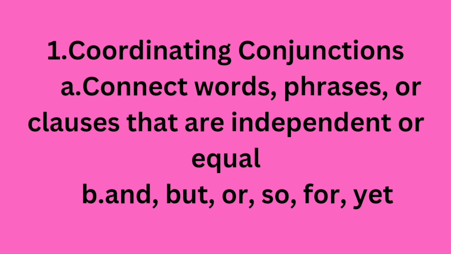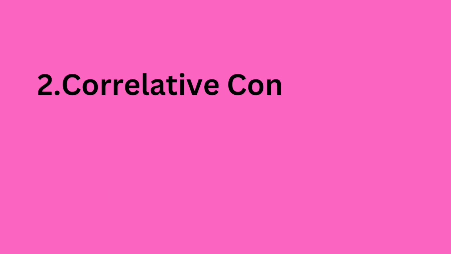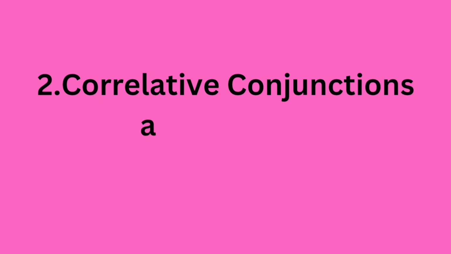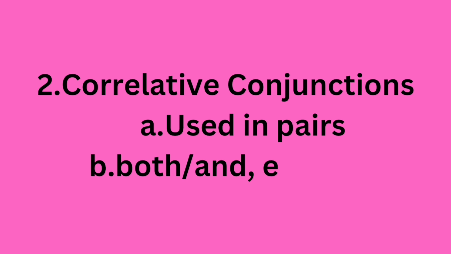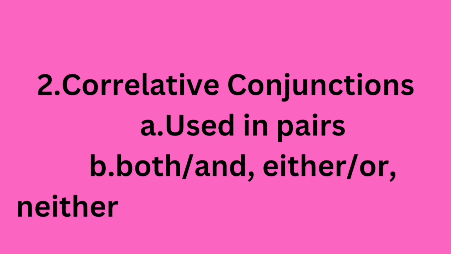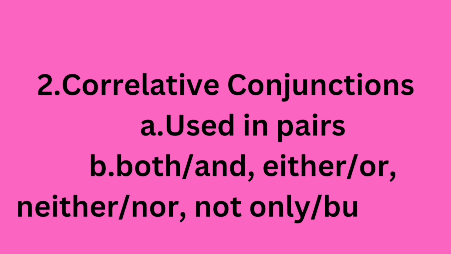B. And, but, or, so, for, yet, and nor. Correlative conjunctions are used in pairs: both and, either or, neither nor, not only but also.